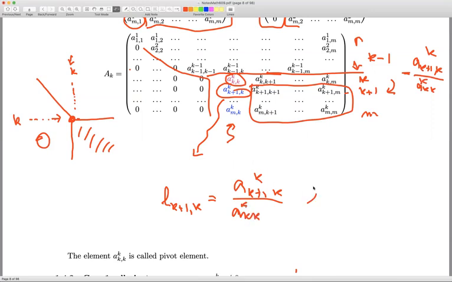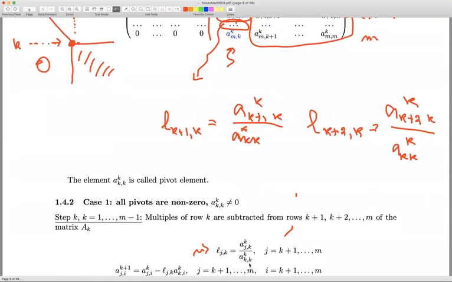Then what will be the next one? K plus 2K. Then it will be the element that stays on the K plus second row and kth column. So it will be AK plus 2KK divided again by the corresponding pivot element AKKK. And this is exactly what is written here.